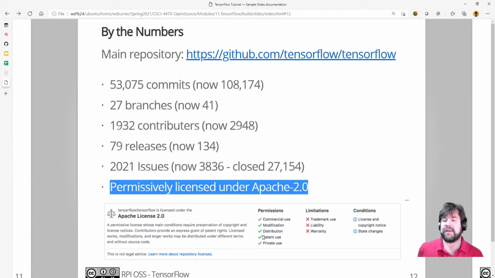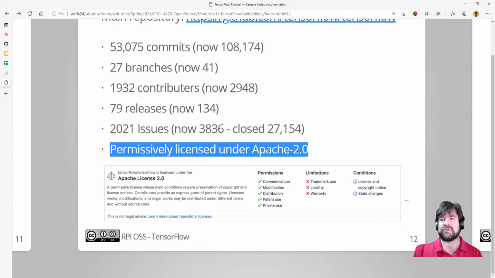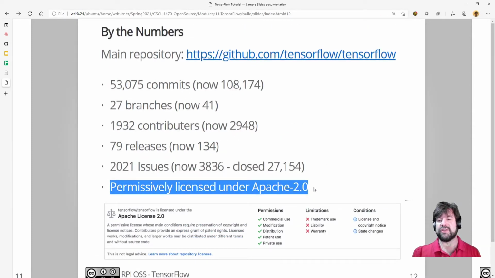They give up the ability to assert patents against users of TensorFlow, and you can use it for private use as well. Apache is one of the good ones. It's relatively permissive. The only thing it doesn't allow is trademark use, liability, or warranty. In other words, you can't take the TensorFlow or Google trademarks and use those, but you can use the library, but you can't say it's from Google.